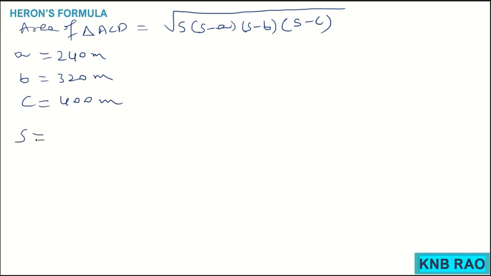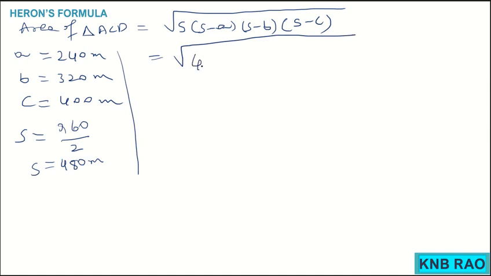So from this I will find the semi-perimeter. Semi-perimeter is 960, this sum of the sides, divided by 2, which gives 480 meters as the semi-perimeter. So by substituting them, root under 480 into 480 minus 240 is 240, 480 minus 320 is 160, 480 minus 400 is 80.